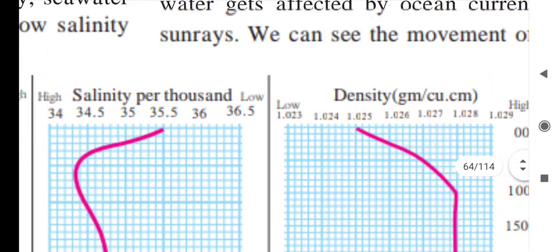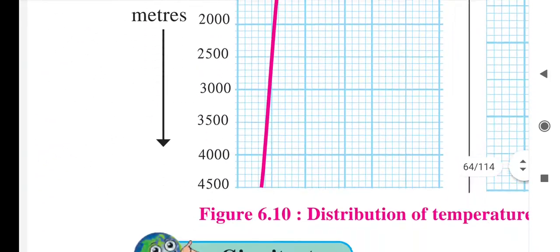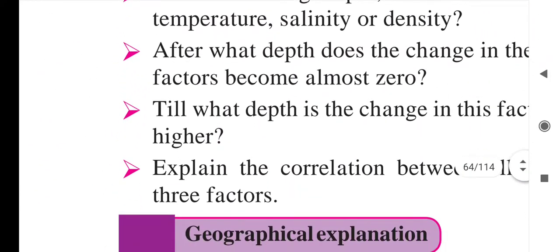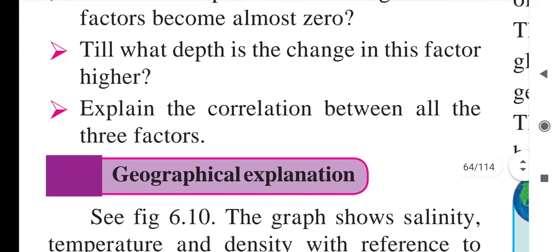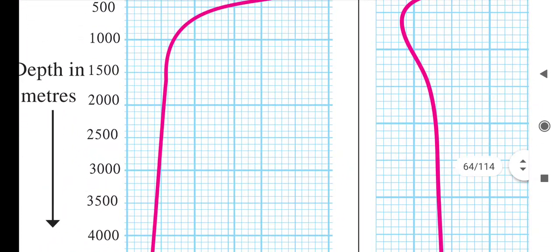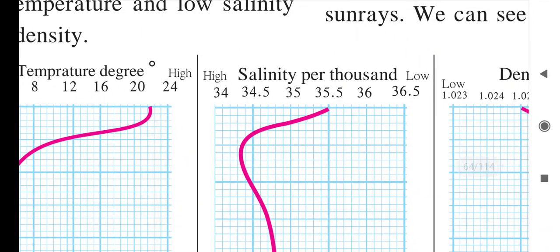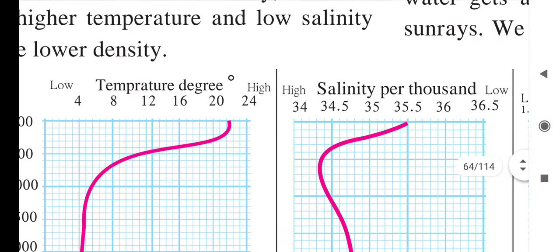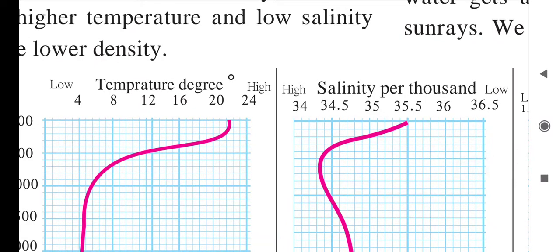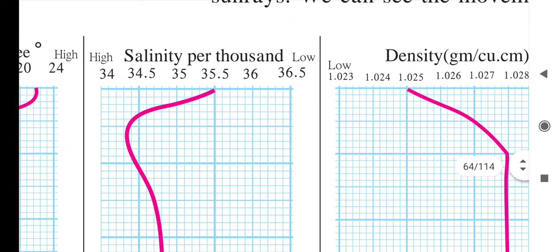Now the last question is given here. Explain the correlation between all the three factors: temperature, salinity and density. If the temperature is less, then density is more.